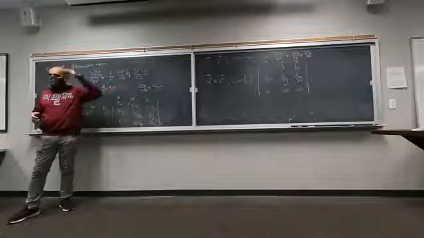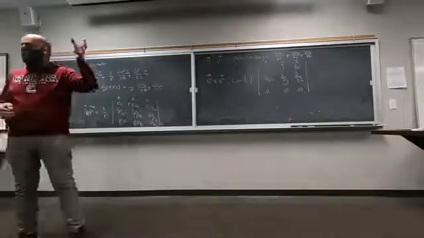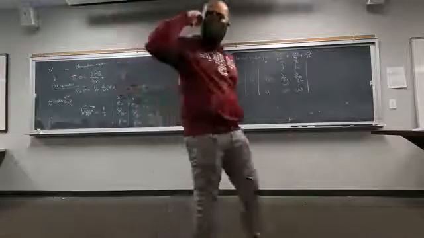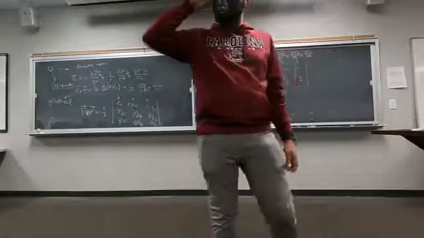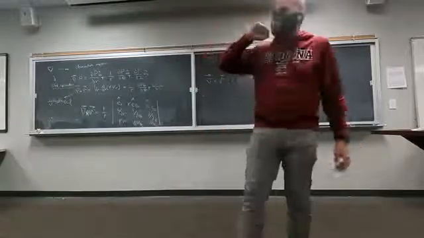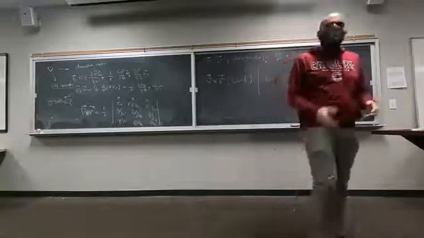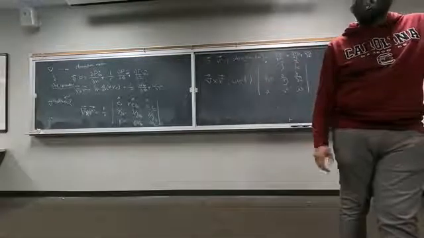For spherical, we get e_r hat, e_phi hat, and e_theta hat. Does it make sense? Sorry, I said normal vector, but I meant unit vector. These are essentially unit vectors.